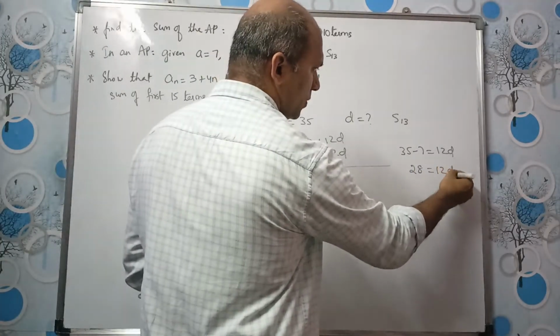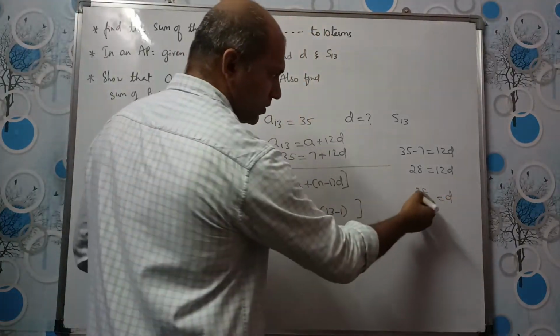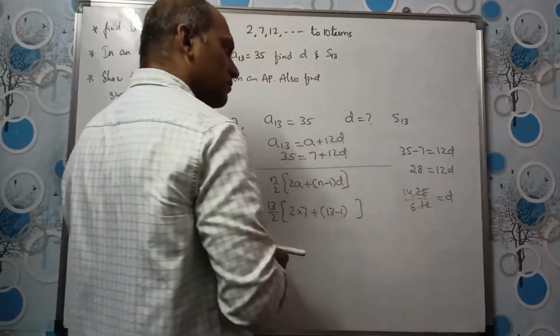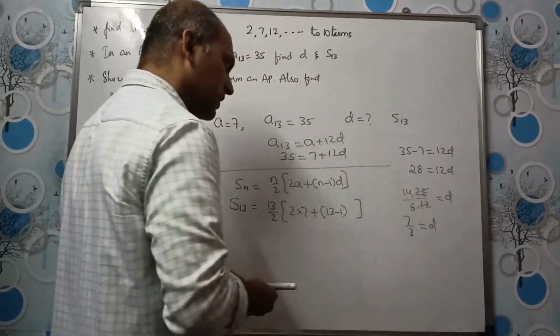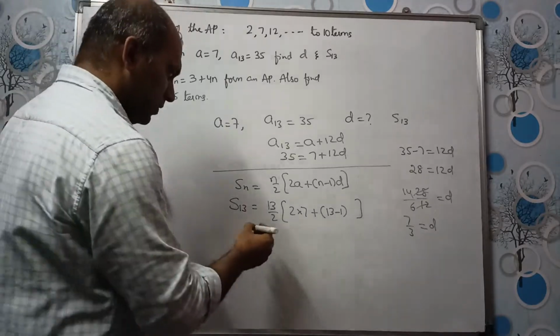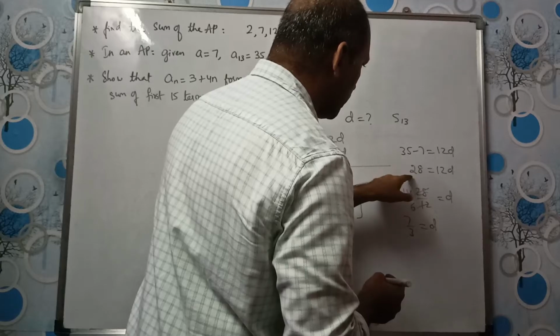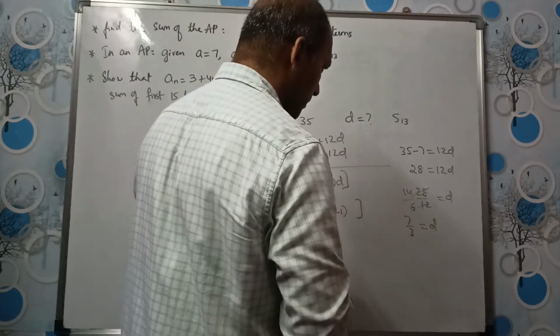Yes, 28 equals 12D. So D is 28 divided by 12, and if we cancel, we have 7 by 3. So D is equal to 7 by 3. Common difference is 7 by 3. Let me check: 35 minus 28, 29, 30, 31, 32, 33, 34, 35. Yes.